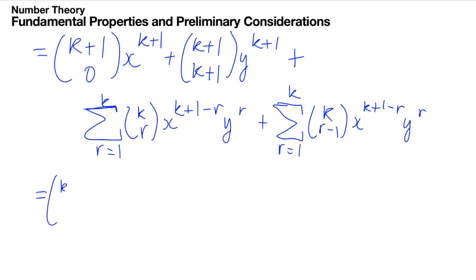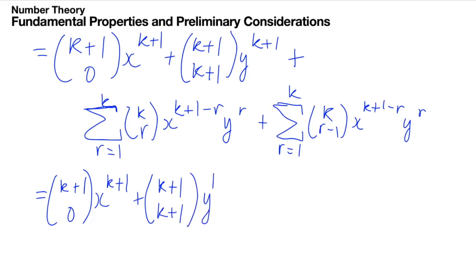We have k plus 1 choose 0, x raised to k plus 1, plus k plus 1 choose k plus 1, y raised to k plus 1, plus the summation for all r running from 1 to k.